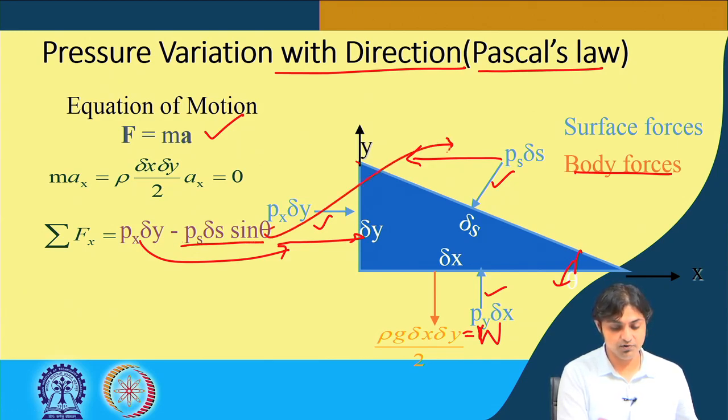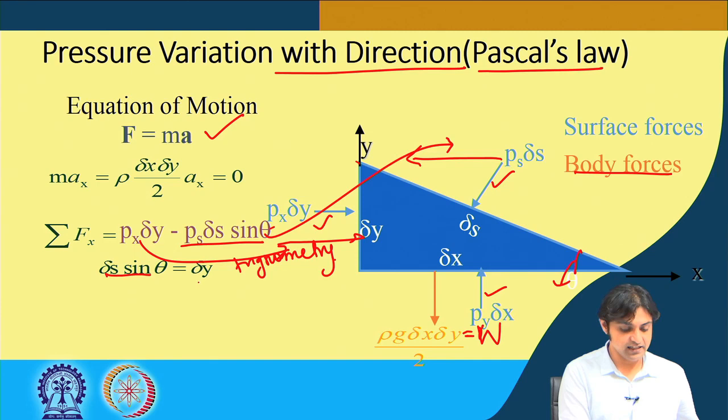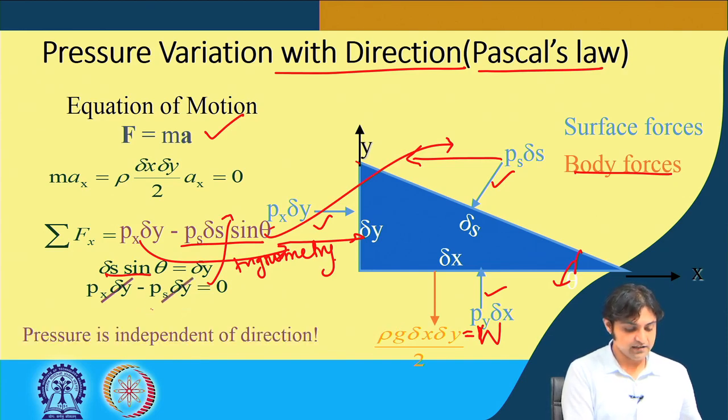We also know that delta s sine theta is equivalent to delta y because of trigonometry. Therefore, putting delta y in place of delta s sine theta, we get Px delta y minus Ps delta y. It's very obvious now that delta y and delta y should get cancelled, as they are not equal to 0. This gives us Px is equal to Ps.